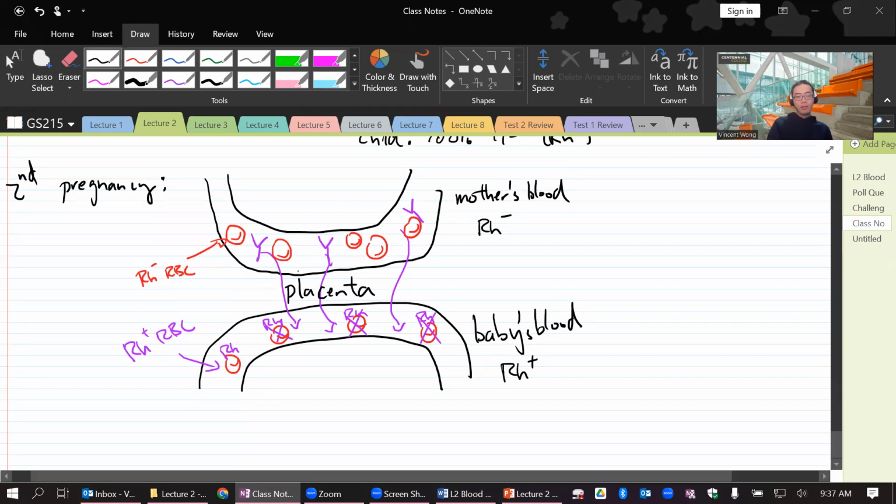Because now the baby will experience massive hemolysis. Okay, a lot of the red cells will die in the baby. Right? So when we break down red cells, the hemoglobin comes out and gets metabolized, and then there will be a lot of bilirubin.